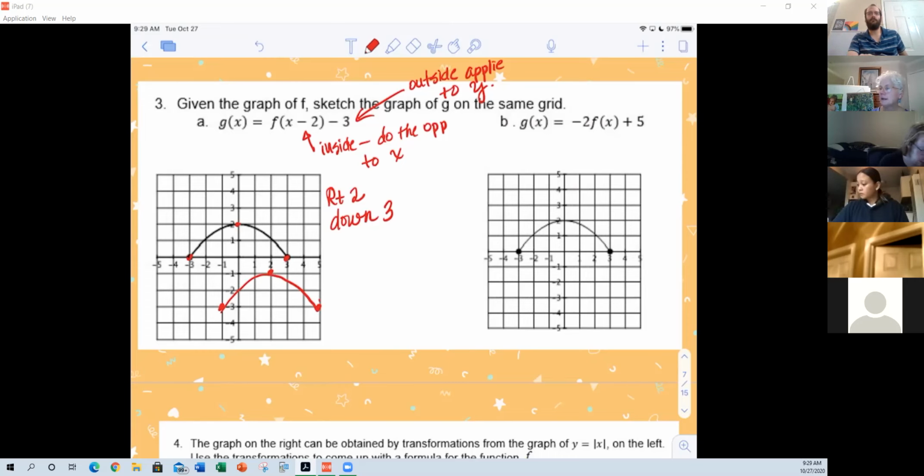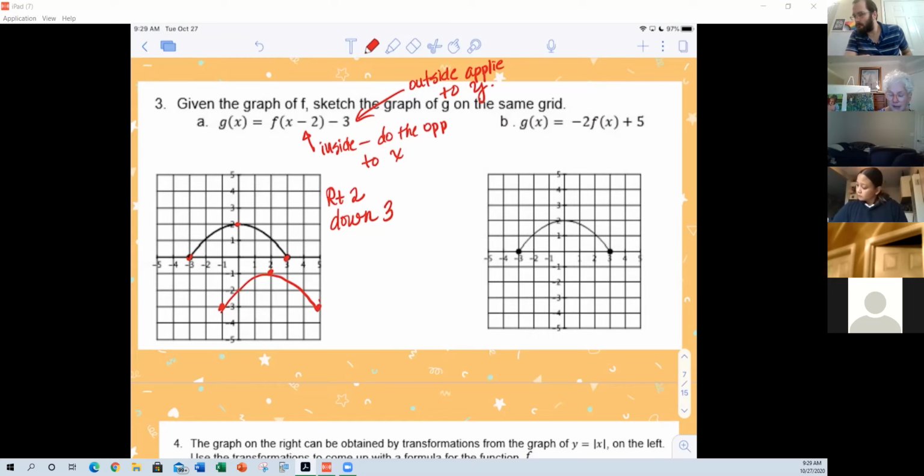Now B is a little bit more complicated. You could still do it just by following the steps like we did on part A, and if you do it right, then I'm totally happy with that.